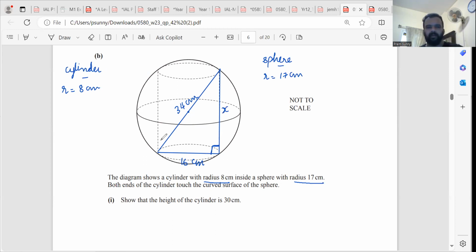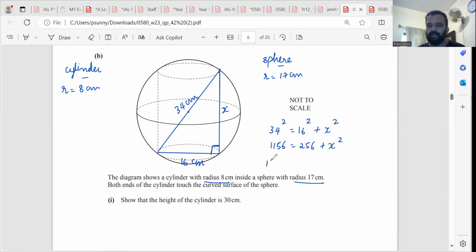We have a right angle triangle, so use Pythagoras theorem. Hypotenuse square, that is 34 square, is equal to the sum of the other two squares, 16 square plus x square. 34 square is 1156. So 1156 is equal to 16 square, which is 256, plus x square.